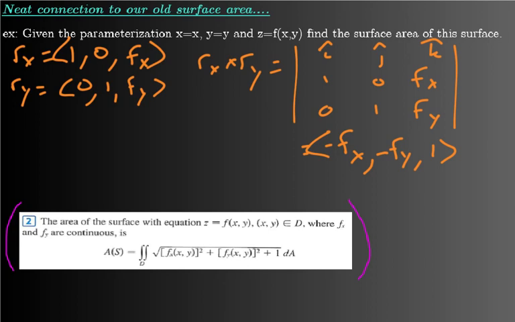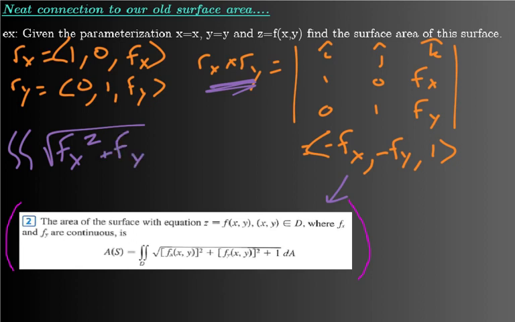And so you're probably seeing where this is going. So then if you just do the double integral of the magnitude of this cross product, it would be the square root of f with respect to x squared, the negative is going to disappear, and then f with respect to y squared, and then 1, dA, whatever the area element is.